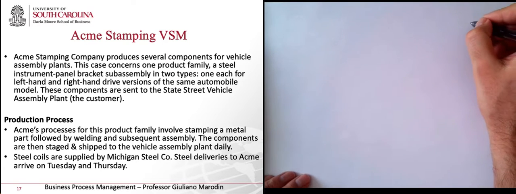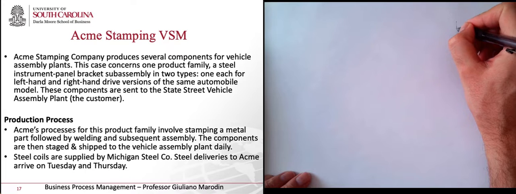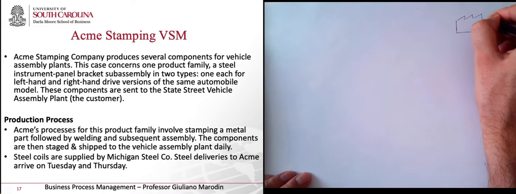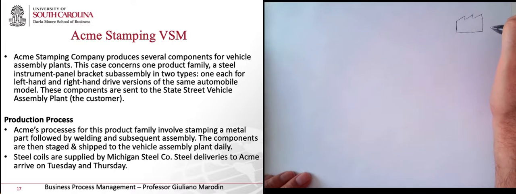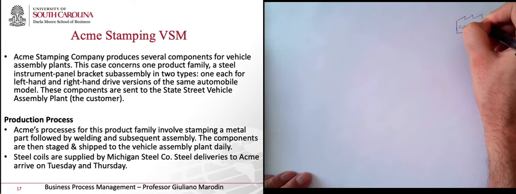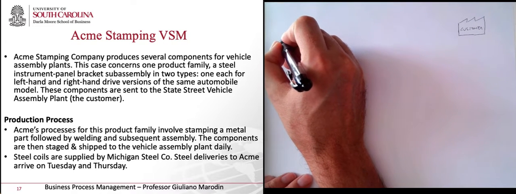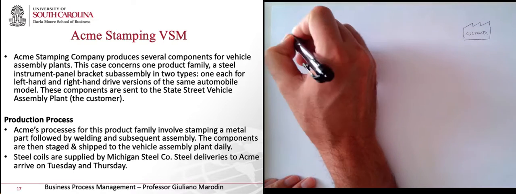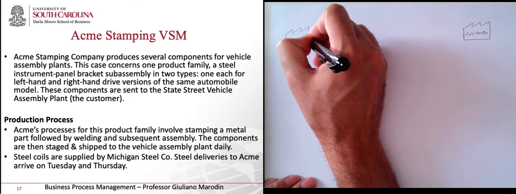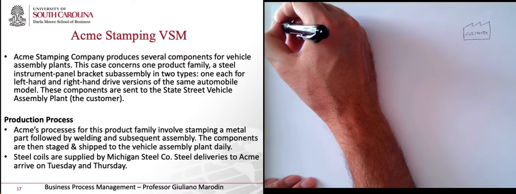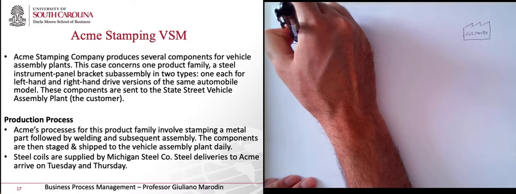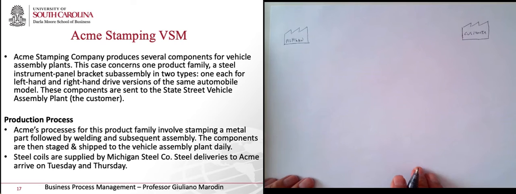As I explained in the previous video, we're going to put our customer here, and we're going to put our supplier here on the upper left side, which is Michigan Steel Company.